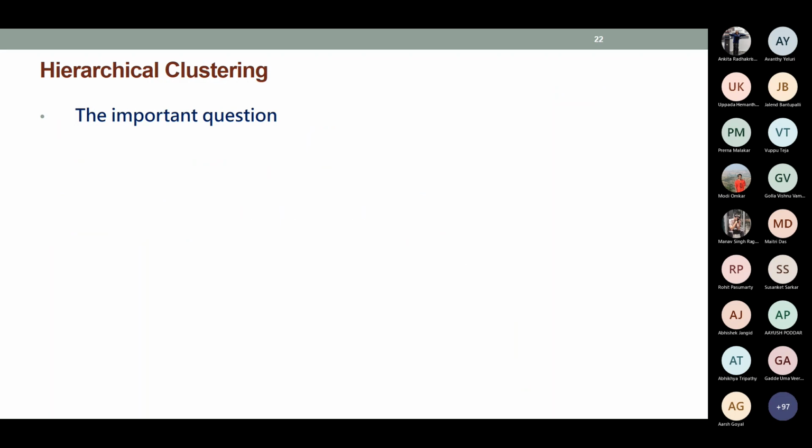All right. So what's the important question we have to deal with? The important question is how to determine the nearness of clusters. It depends on the merging, and you have to determine how you are going to merge.